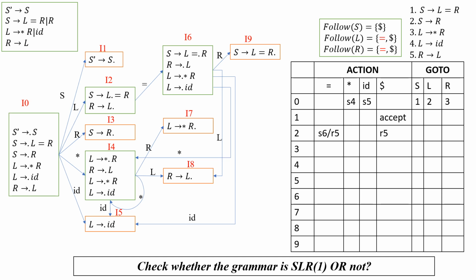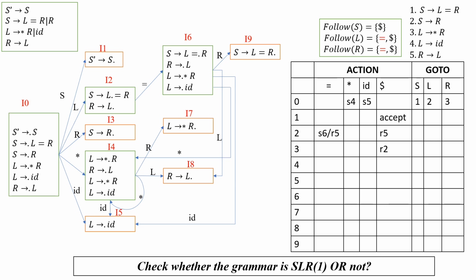Now come to state 3. Only a final item, so no confusion at all. Look at the production number: S derives R, second production. Find out the follow of S. It is dollar. Hence in the place of dollar you write R2.